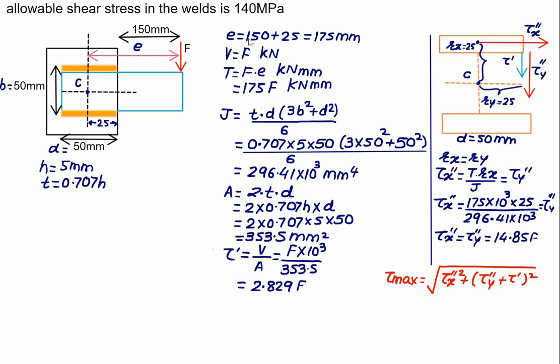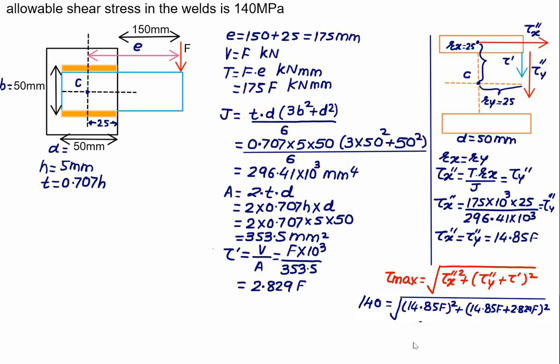Out of that, tau max is equal to 140, so 140 equals the square root of 14.85 F squared, plus tau y double prime, which is the same value 14.85 times F, plus tau prime, 2.829, and you have to take the square. Solve this, and you will get the required force F.